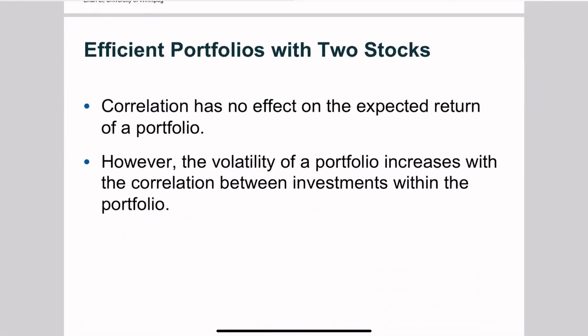Now let's expand what we have learned about this efficient portfolio and see by adding more complexities what kind of additional results we can get. So basically in the previous example, when we talked about Coca-Cola and Intel, we assumed these two stocks are uncorrelated, right? This is not a realistic assumption.